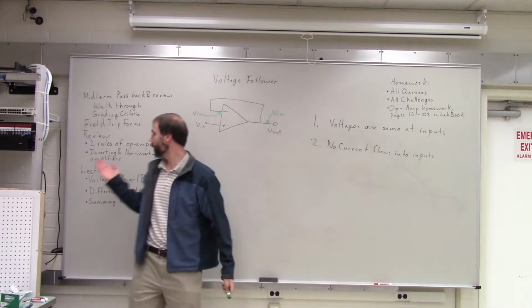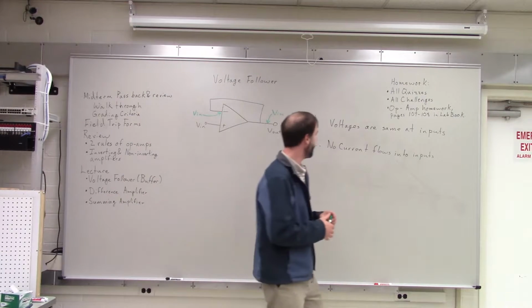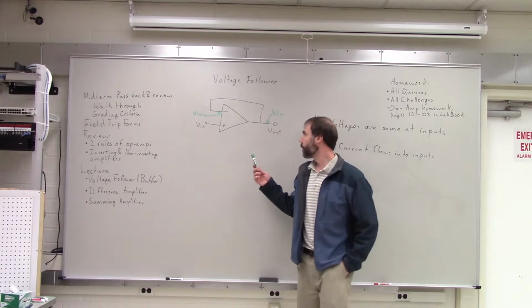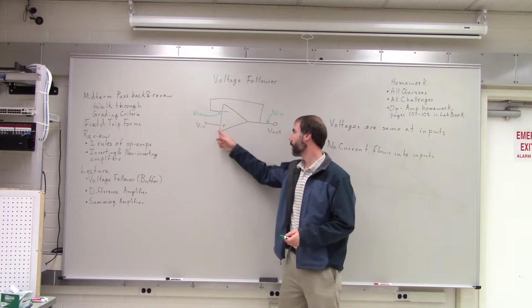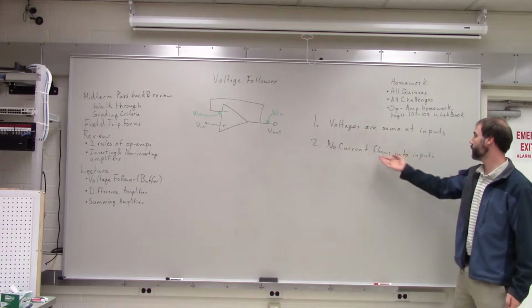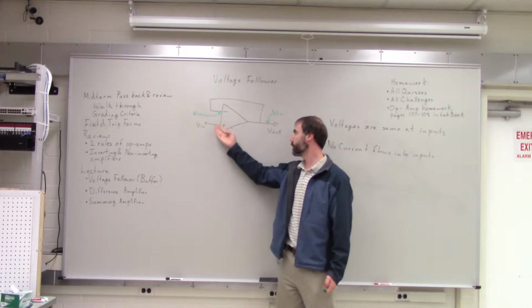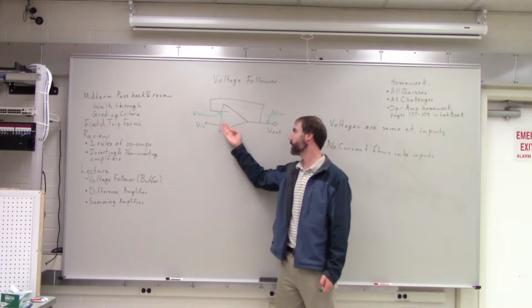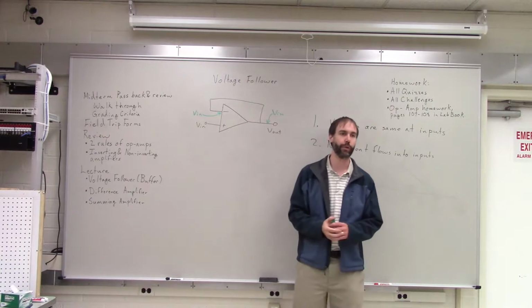This is also called a buffer because basically what happens is that we said that no current flows into the input, right? So no current is flowing into this positive, this non-inverting input terminal.